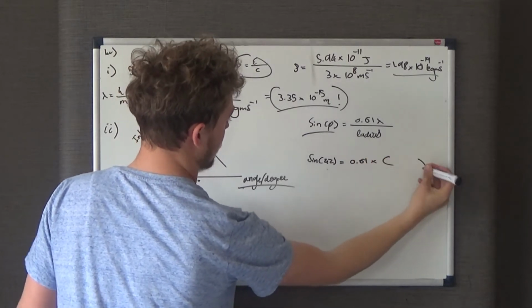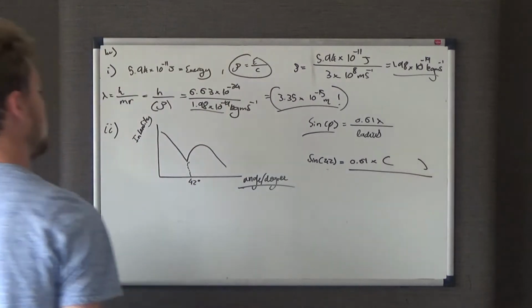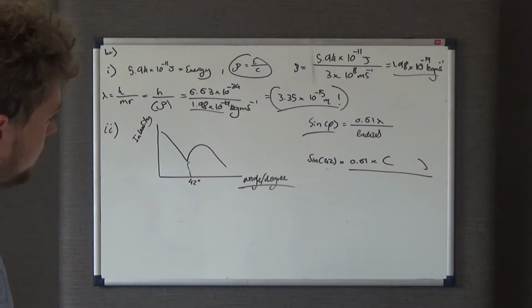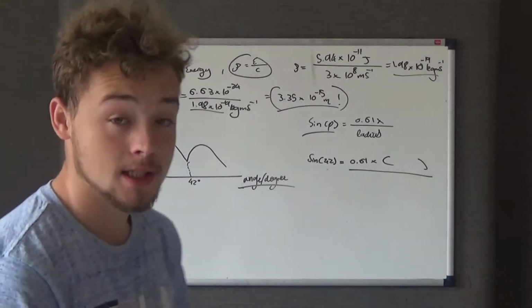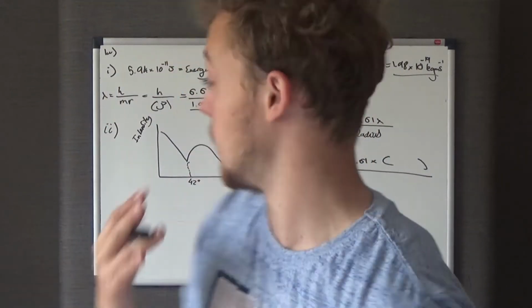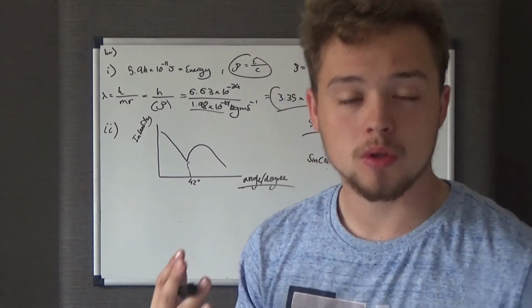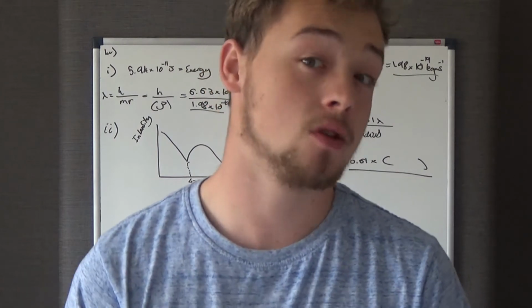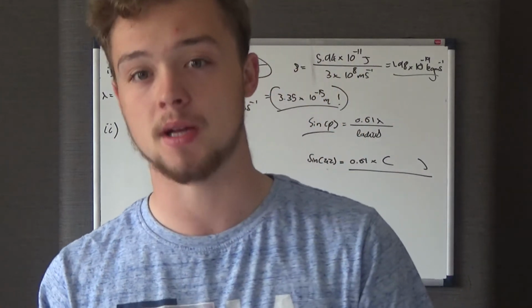Now you get an error carried forward mark if you didn't. Actually, I don't think you would. If your answer for part 1 was incorrect, you're told that it's a show that question, so it gives you the answer, in other words, of 3.3 times 10 to the minus 15 metres.